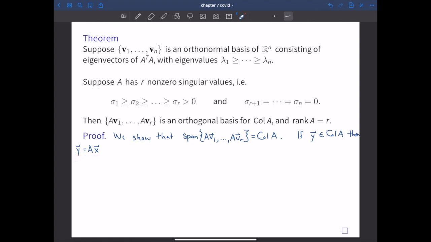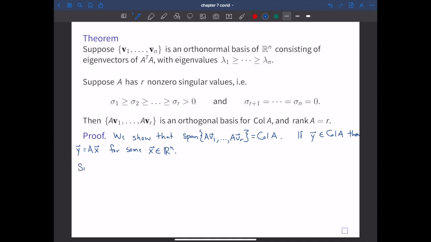So we start off with a vector y that lives inside the column space. What we want to show is that this vector y can be written as a linear combination of these vectors here. If that's the case, then it proves that these vectors span the column space. So we pick some vector x so that A times x is equal to y, and that's possible because y lives inside the column space.